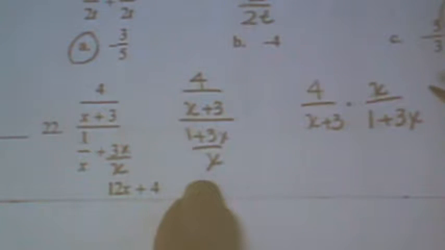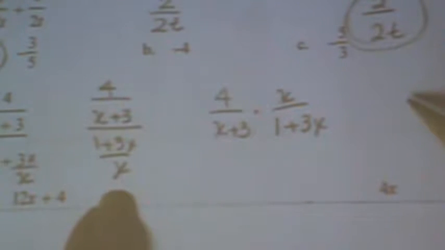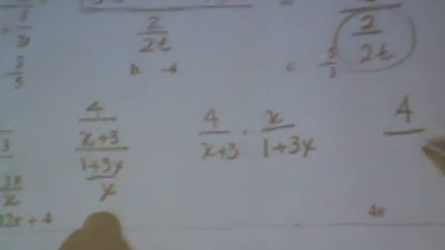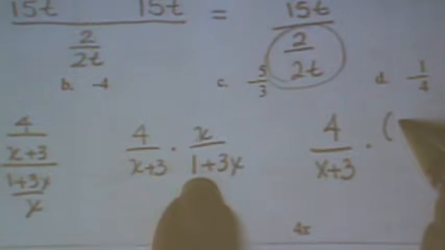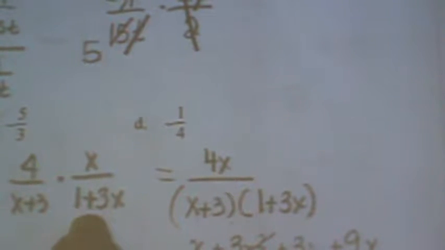So when we flip and multiply, we get 4 over x plus 3 times, on top, we have 4 over x times x over 1 plus 3x.